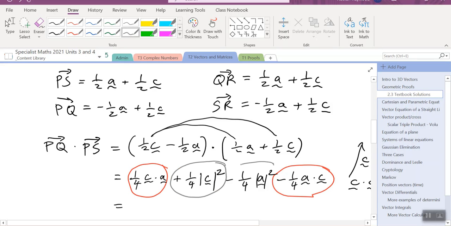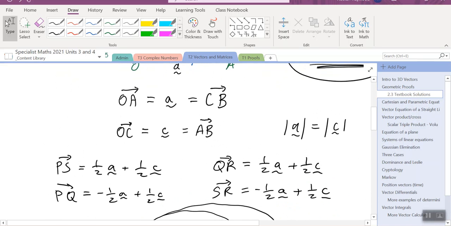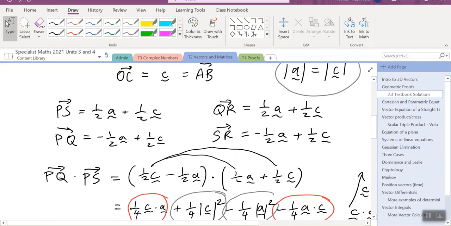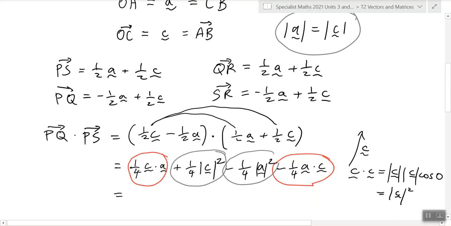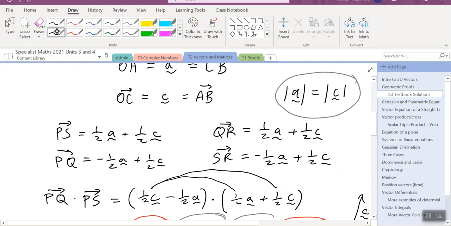And this bit eliminates this bit because we already specified this. Sorry, I'll zoom in. You're okay? So what's the final result? 0. And what does the 0 tell us?